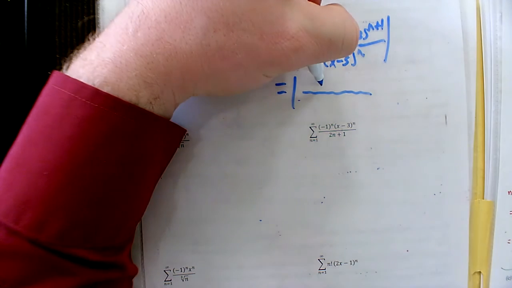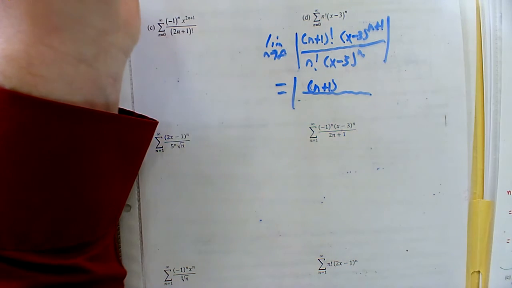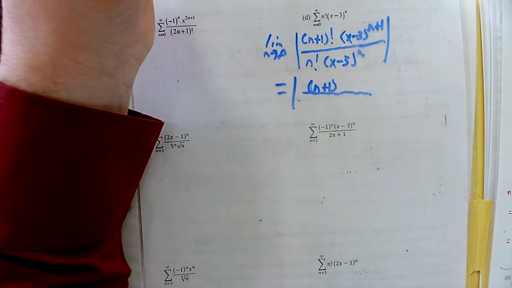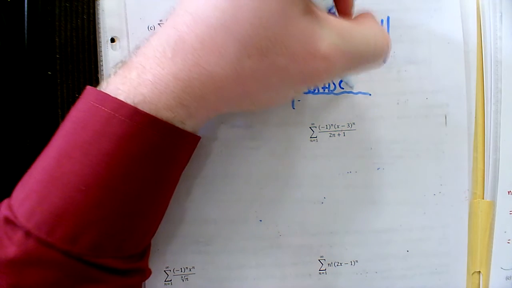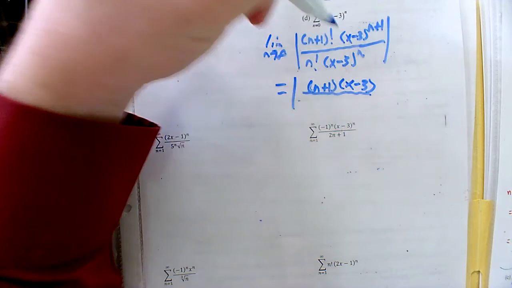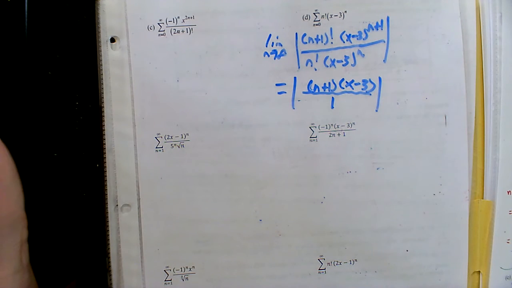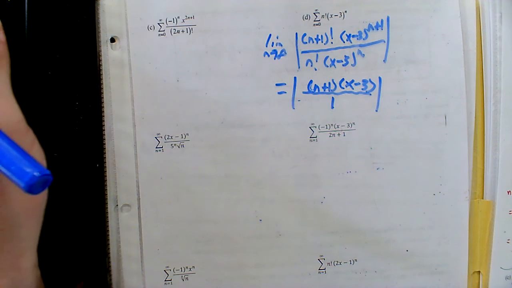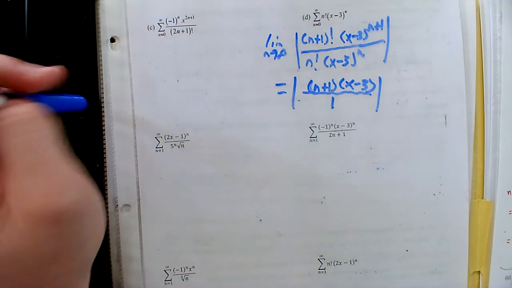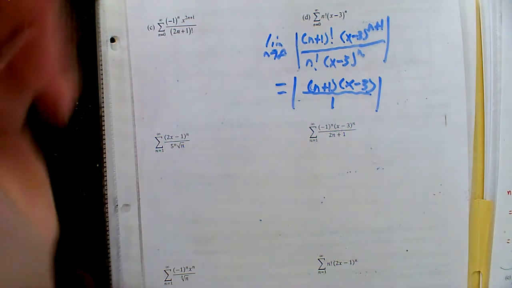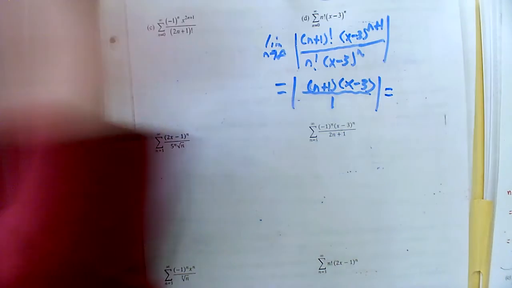On the top, you'll have n plus 1, and also x minus 3, and it'll all be over 1. N plus 1, x minus 3, all over 1. Again, if you think about the test we're doing, we're taking the limit as n goes to infinity. So your limit is what?